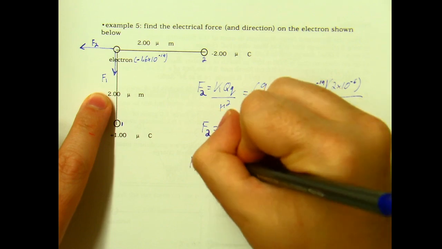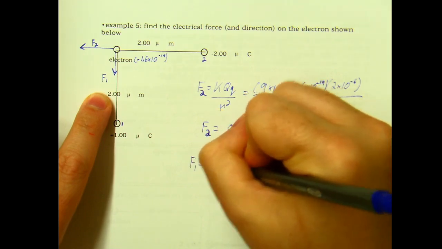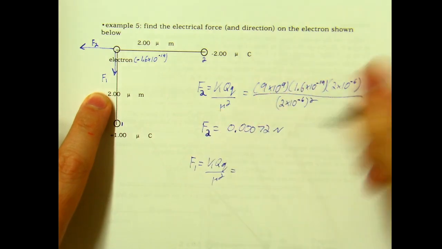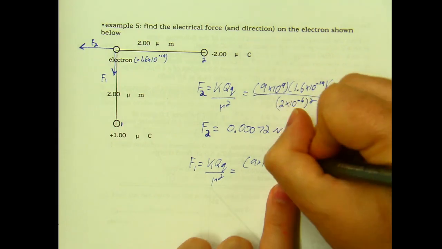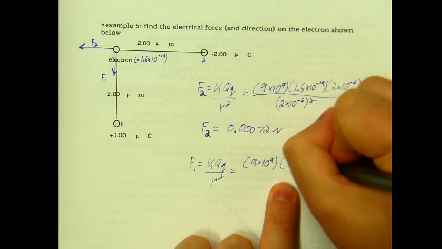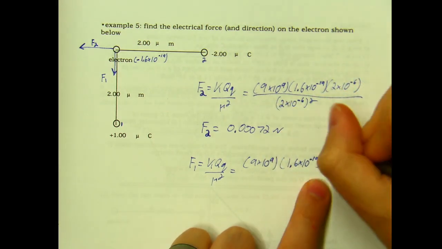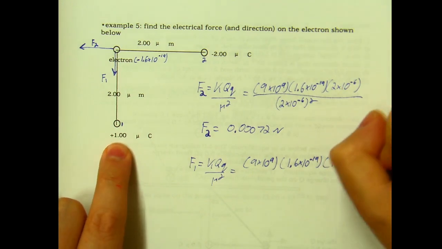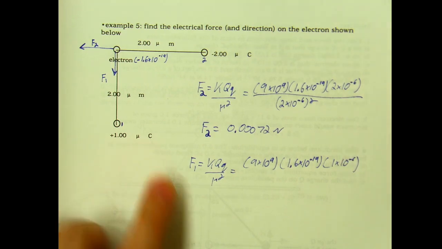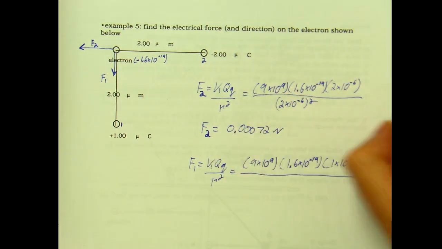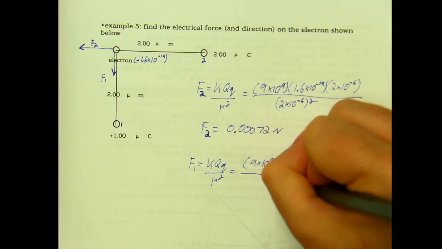We can do the same thing for force 1. F1 equals k q q over r squared equals 9 times 10 to the 9. Now we've got the 1.6 times 10 to the negative 19 charge on the electron. This one has 1 times 10 to the negative 6 coulombs, 1 microcoulomb. And these are also 2 micrometers apart, so that's going to be 2 times 10 to the negative 6.